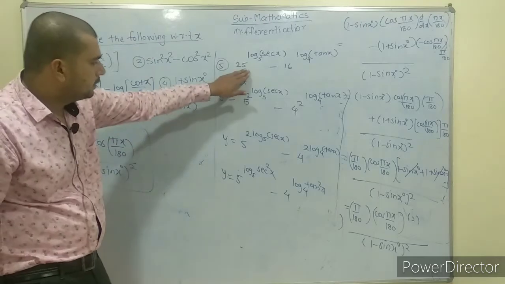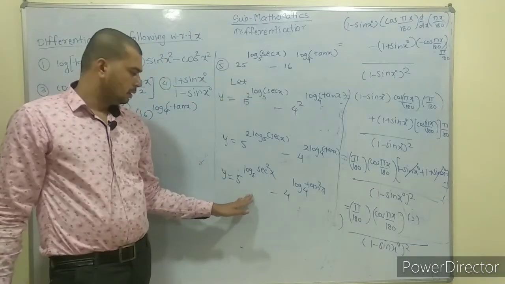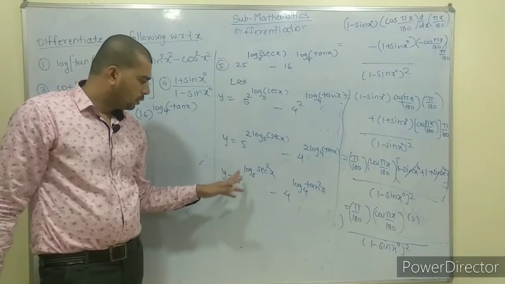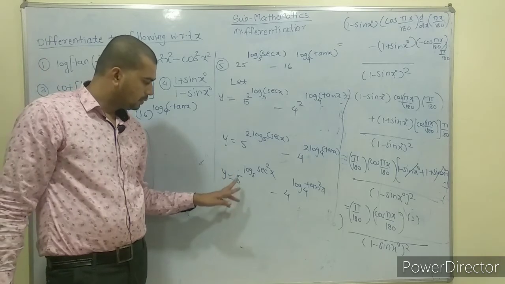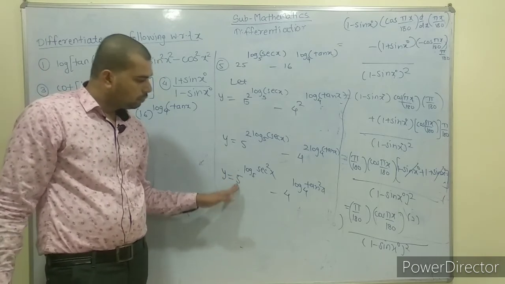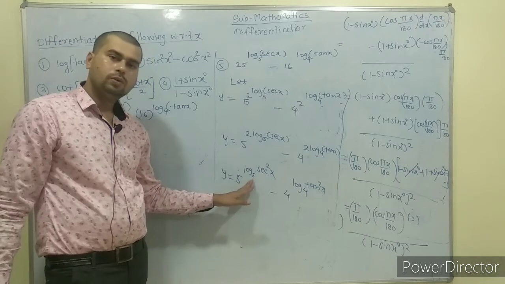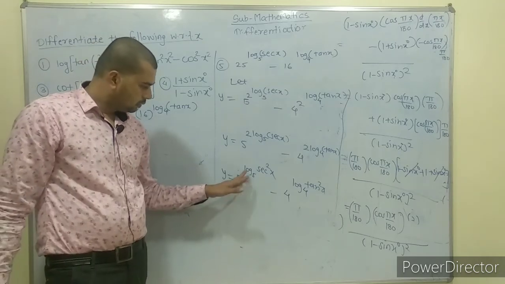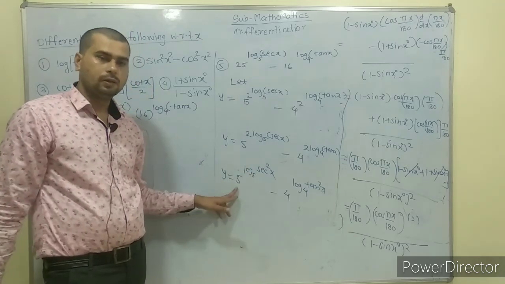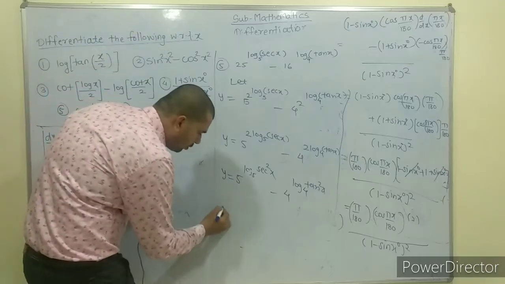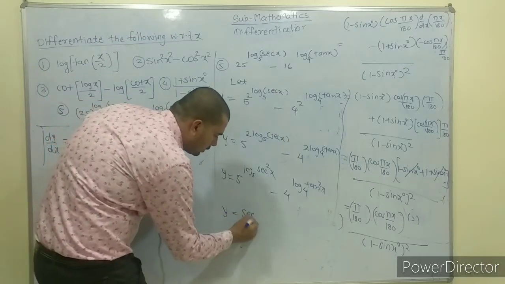So this example becomes like this. Here also we know one rule of indices: if 5 is raised to log of something to the base 5, this and this get cancelled. So simply y equal to sec square x remains.